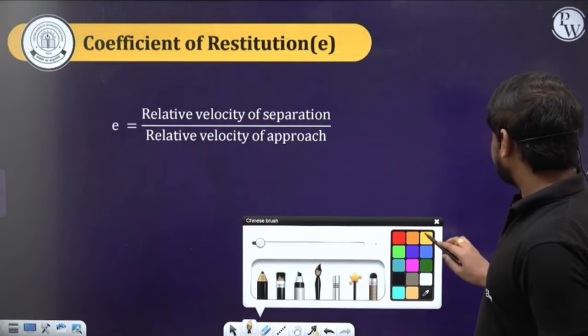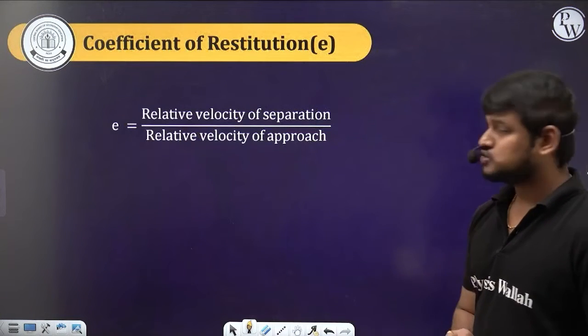We have already discussed the coefficient of restitution. What is the coefficient of restitution?